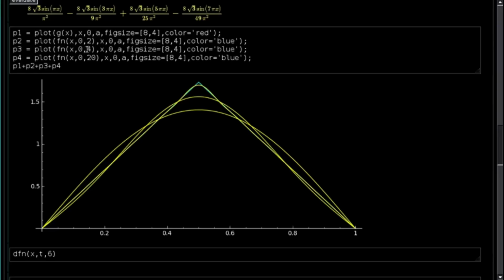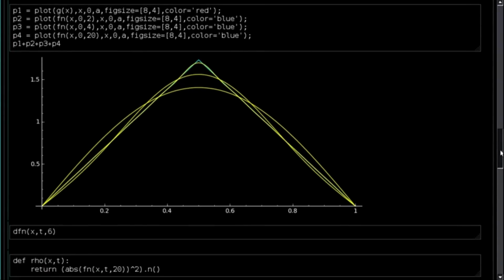The function, if I truncate the approximation at 4, that will include psi 1 and psi 3. That's this slightly better approximation here. And if I continue all the way up to 20, that's this quite good approximation, the blue curve here, that comes almost all the way up to the peak of the tent. So that's what our approximate wave functions look like, but these are all evaluated at t equals 0.